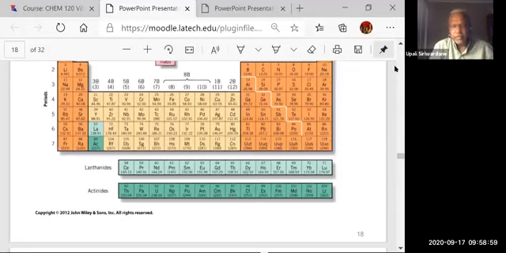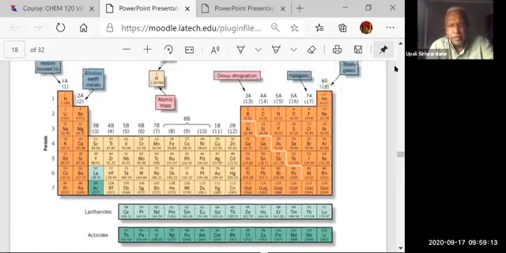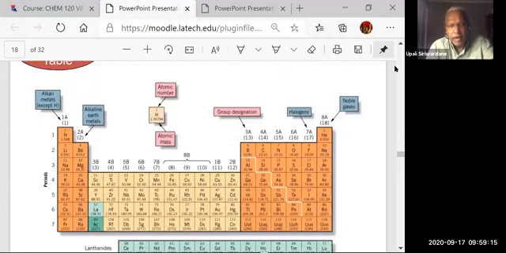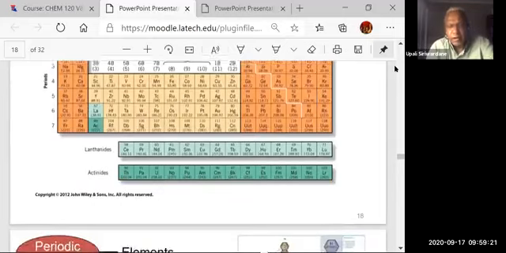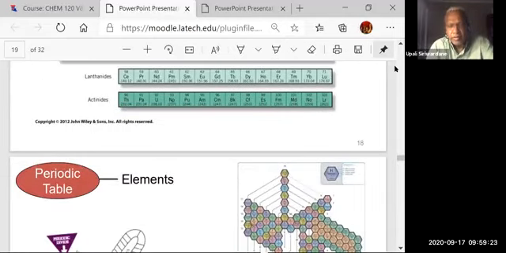So there are 2 series, called inner transition elements. Transition elements are in the middle of the main block, group 3 to group 12. Atomic number and atomic mass are given at the bottom of certain blocks.